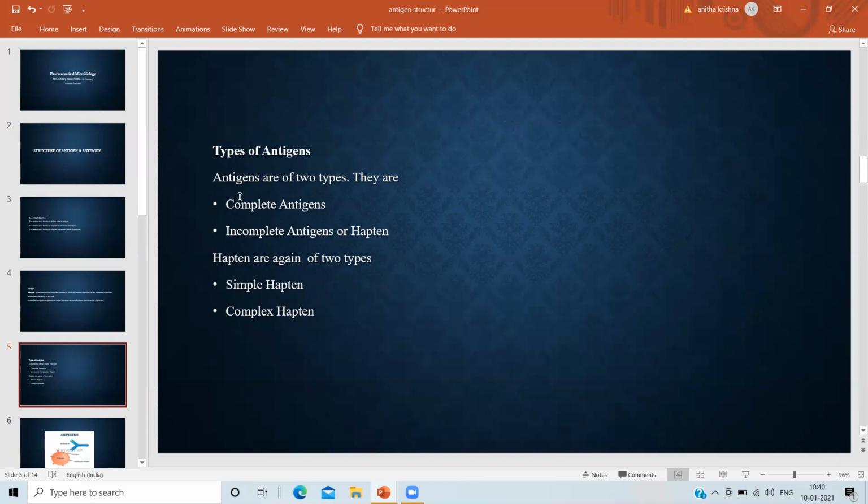Whatever antibody has been produced by the stimulation of this antigen, that antigen will react with that antibody specifically. That is your complete antigens. Generally these complete antigens are high molecular weight proteins, but some are polysaccharides in nature.